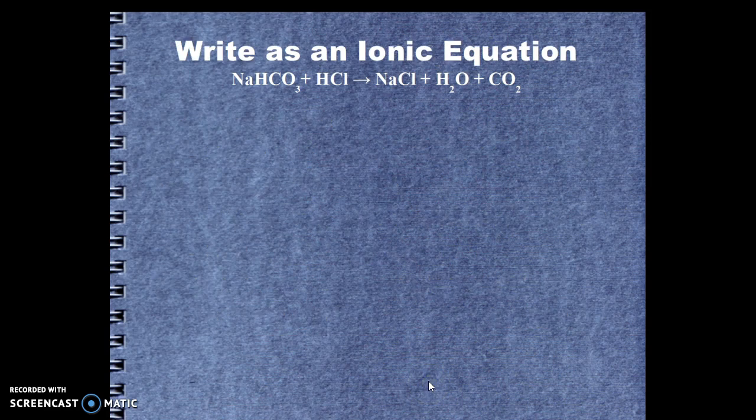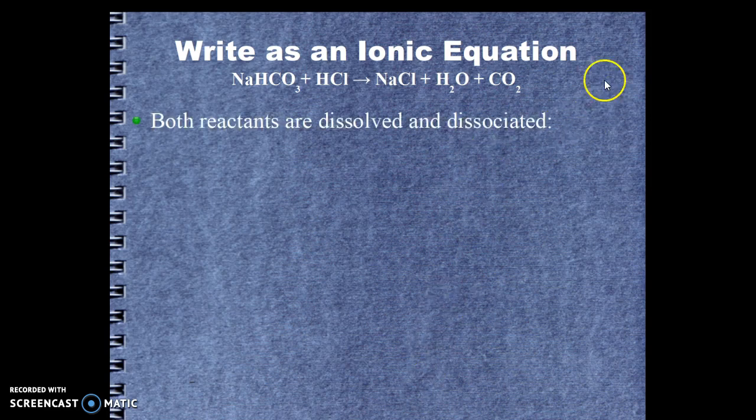Let's write this as an ionic equation. Well, both reactants are dissolved. Both reactants are going to dissociate completely, because this is a strong acid and this is a salt, and salts dissociate as they dissolve. So here are our ionic reactants: sodium ions, hydrogen carbonate ions, hydrogen ions, and chloride ions.